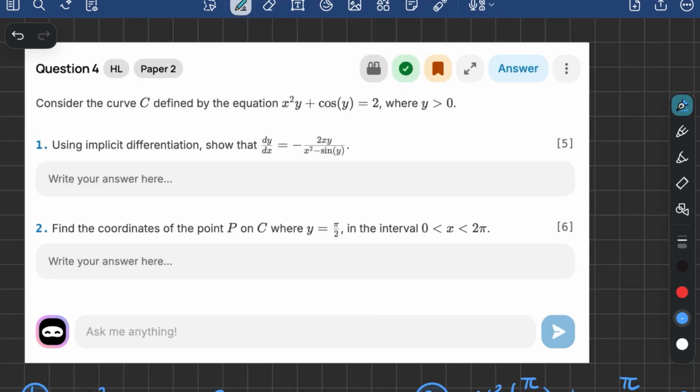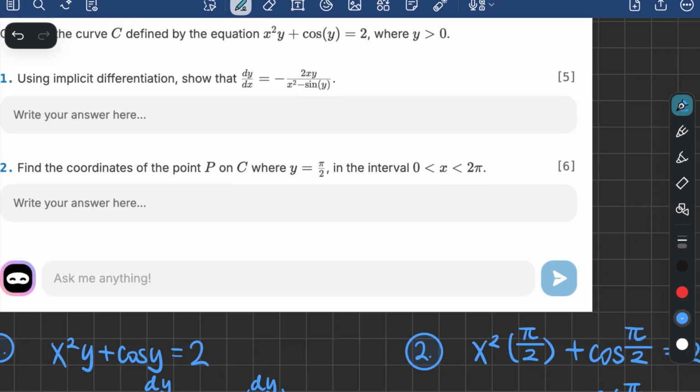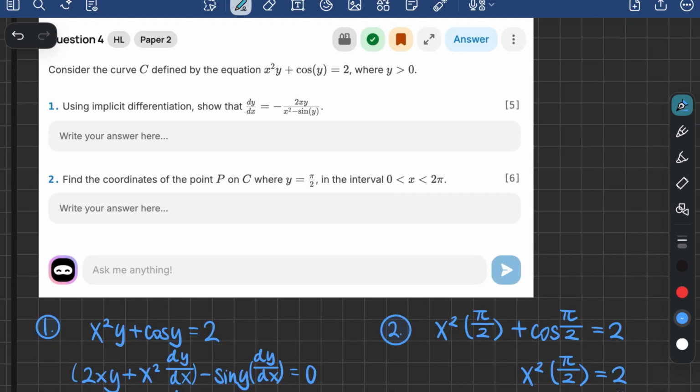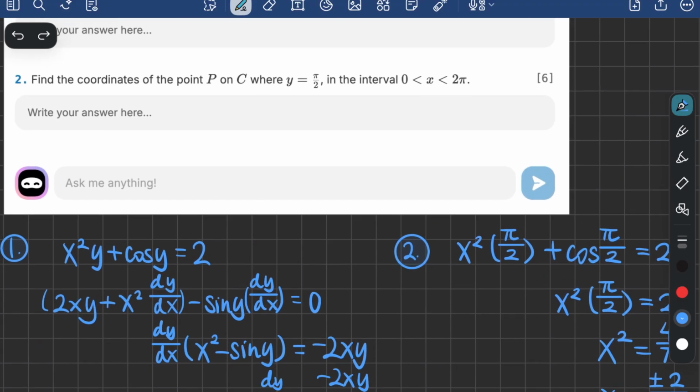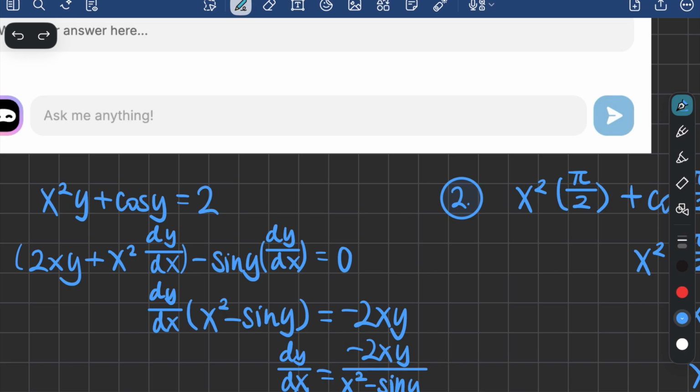So the second question is a paper 2, and it involves implicit differentiation in the first question, and in the second one, it involves some trick, but it's easy. So in the first one, we want to show, so let's copy down this original equation, and let's just take the derivative.